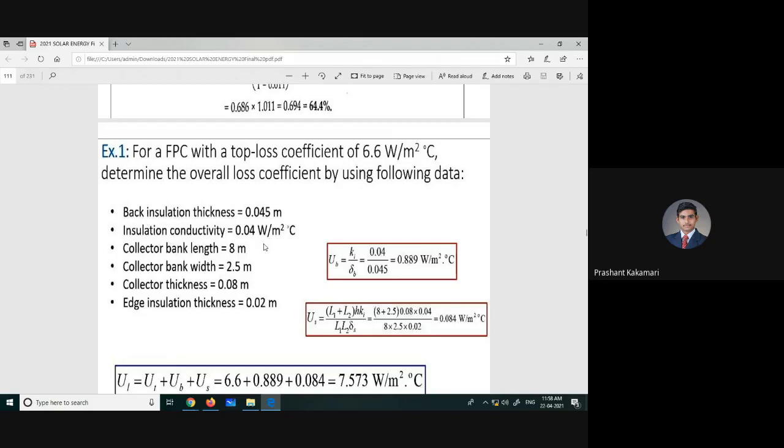So already it is in proper units, watt per meter square. I can take it as 0.04. So loss coefficient at the bottom is 0.889 watt per meter square degree centigrade. So this you can calculate and check. Then already at the top side, considering radiation and convection, they have given the answer itself, 6.6.